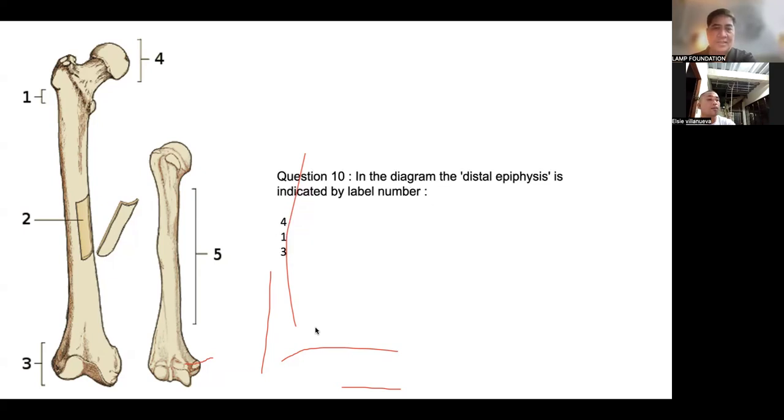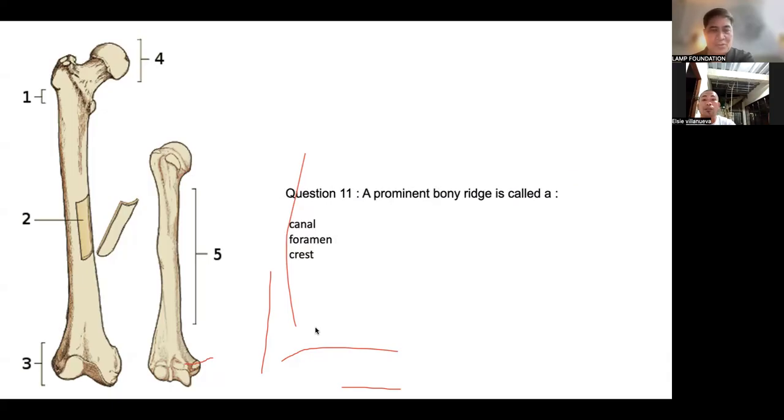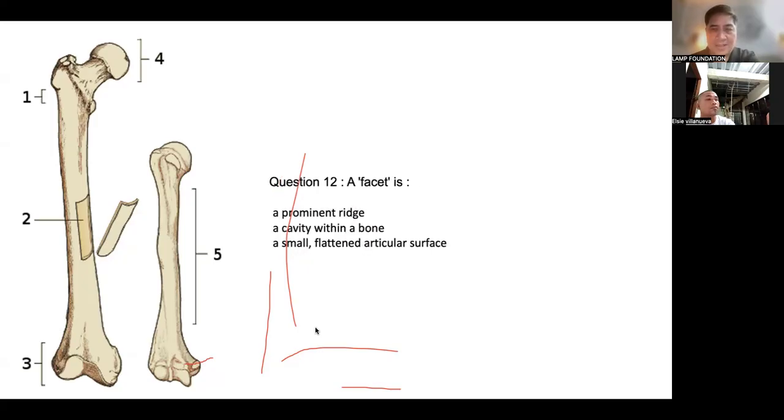Distal epiphysis is indicated by number 3. A prominent bony ridge is a crest. A facet is a small and flattened articular surface.